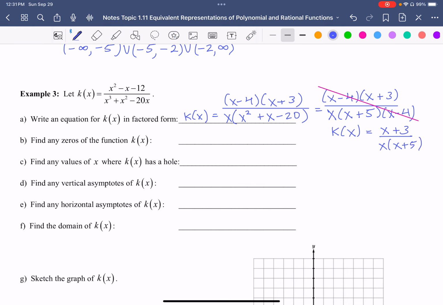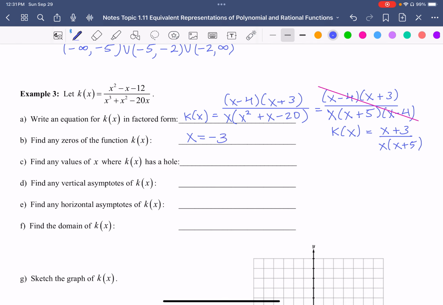Okay, so what are the zeros? Remember that the zeros are any factors that are left in the numerator after you cancel out the holes. In my most factored form, the only factor I have in the numerator is x plus 3. If I set that equal to 0, I would get x equals negative 3.